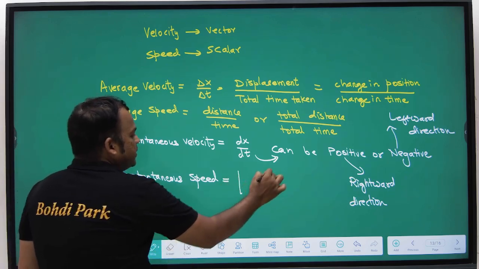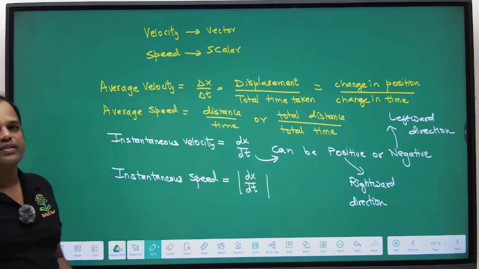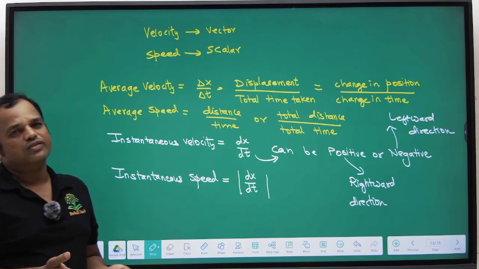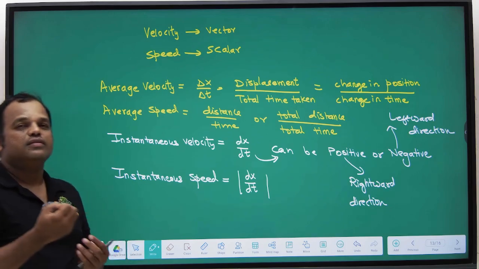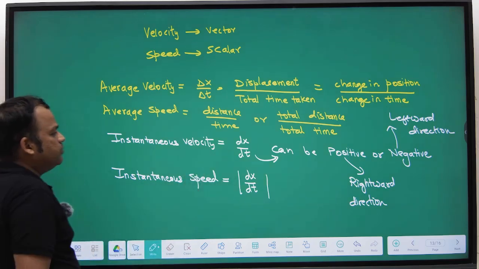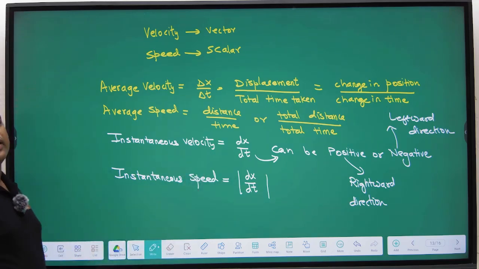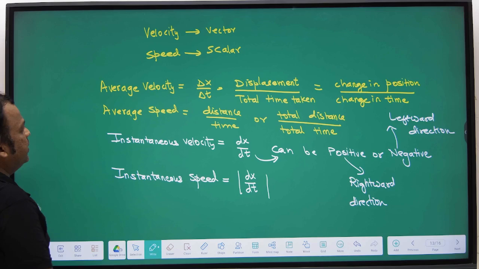So you can say it is the magnitude of dx by dt. If dx by dt is plus 3, so speed is also plus 3. If dx by dt is minus 3, so speed is plus 3. So it is the modulus of dx by dt. So these are the formulas: average velocity, average speed, instantaneous velocity, instantaneous speed.